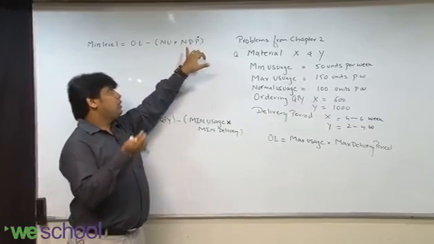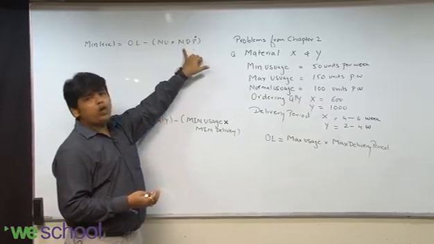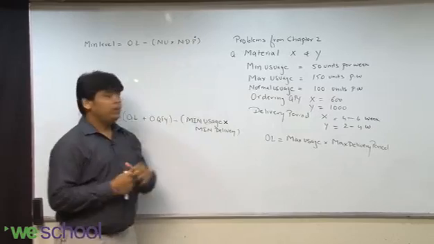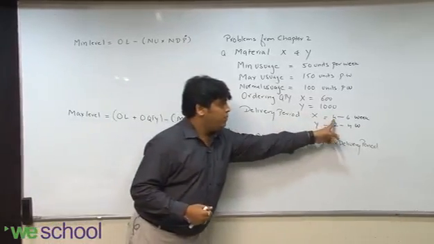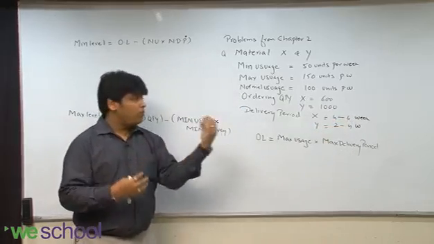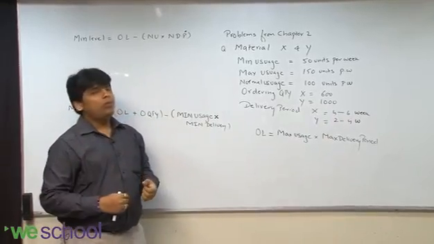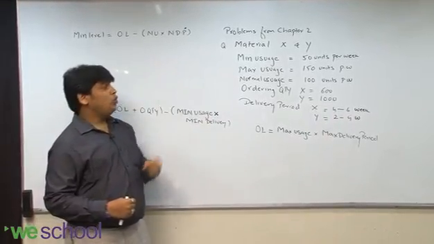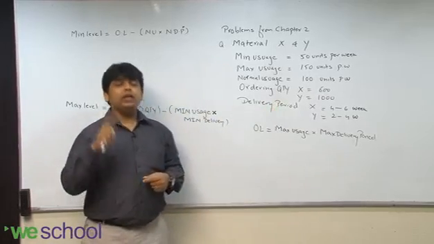Let us see how to calculate normal delivery period. The formula for normal delivery period is to take the average of the minimum delivery period and the maximum delivery period. So how to get the average for X? 4 plus 6, 10, divided by 2.